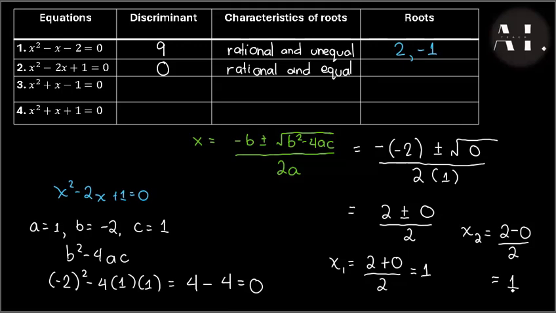These are the two solutions, but we have obtained the answer twice. So we can have quadratic equations for which the solution is repeated. So the root is 1 repeated.